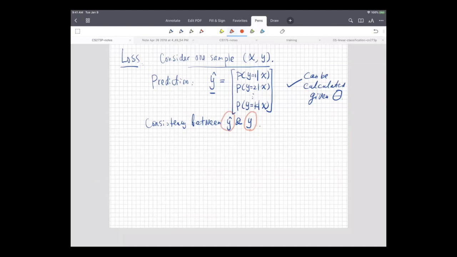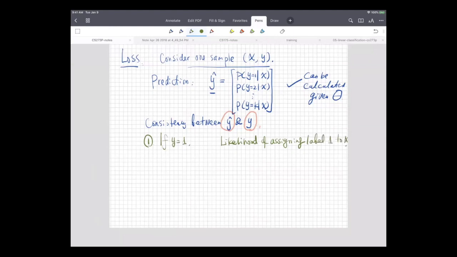Well, what I can do is look at all the possibilities. Suppose y is equal to 1. If y equals 1, so the ground truth label is 1, what should I do? I verify the likelihood of assigning label 1 to x.